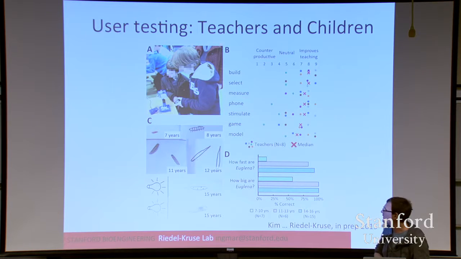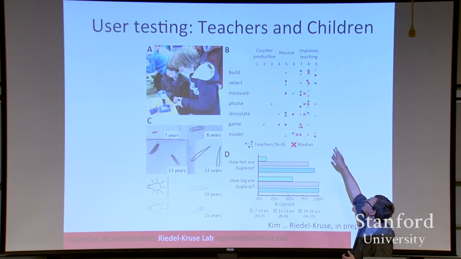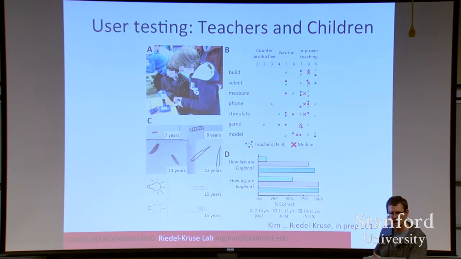What you generally find is that about 10, 11 years of age, children grasp the concept, which is also the age where children would use it in school, where the biology lessons kick in accordingly. We also had a number of teachers come to our lab and asked them about different aspects of what they think they would find useful about a game setup like this.